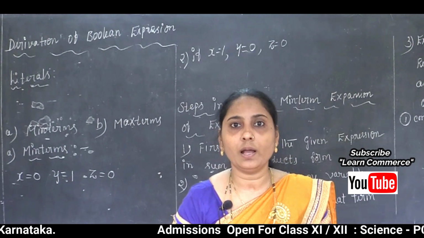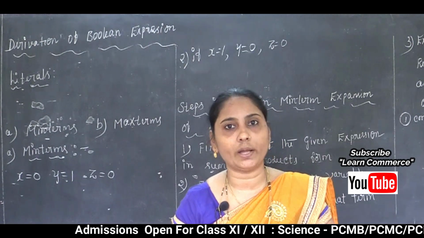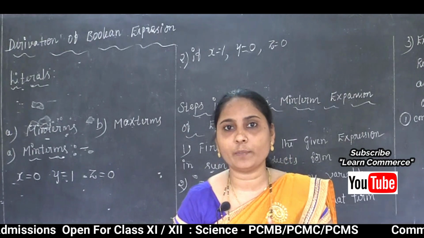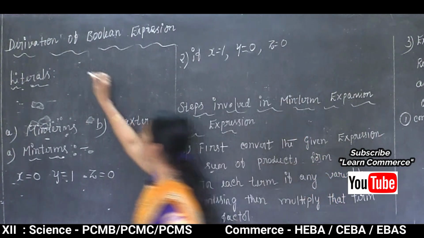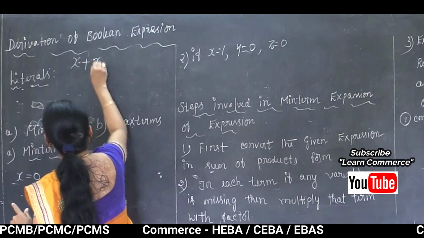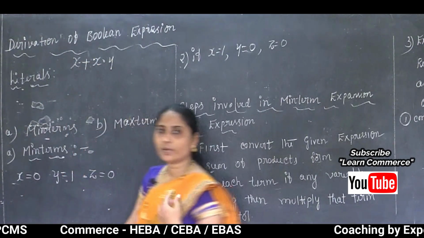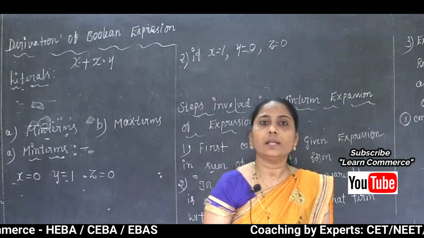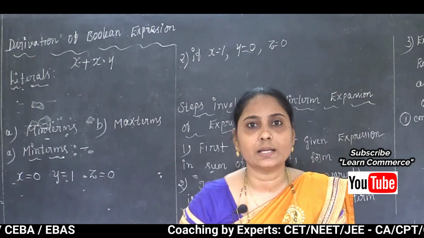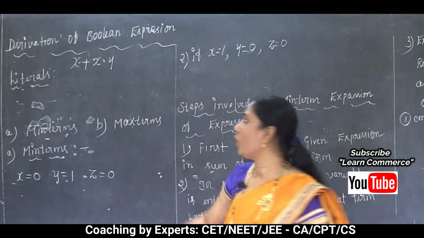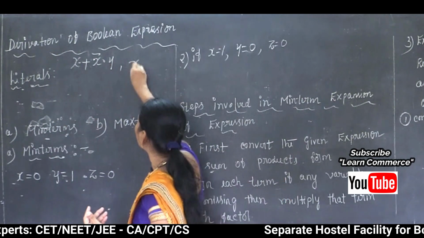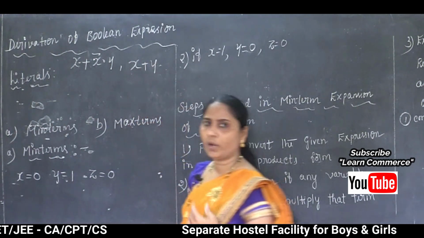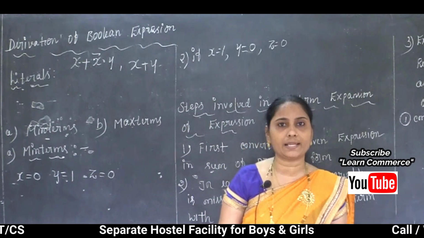One example, x plus x and y. So this is one example for Boolean expression. The second example, x plus complement of x and y. Or maybe simply x plus y. All are examples for the Boolean expression.